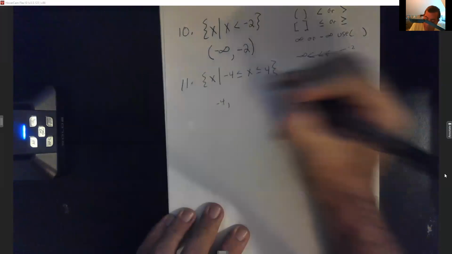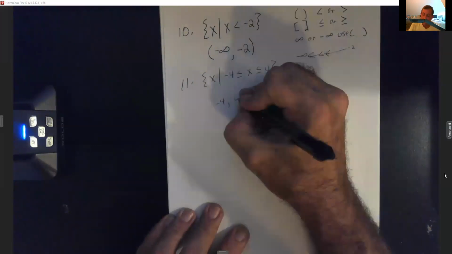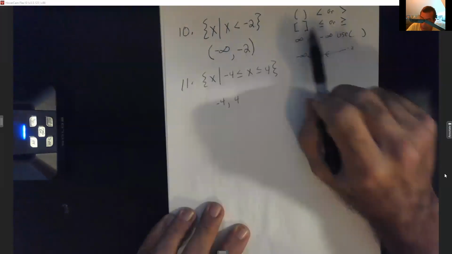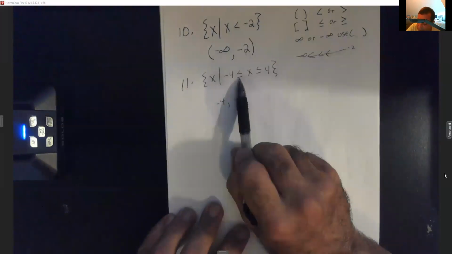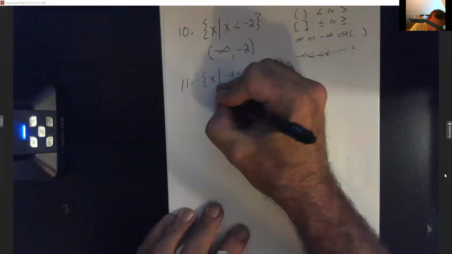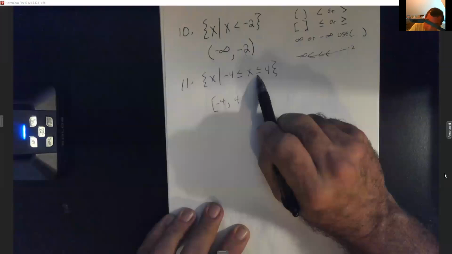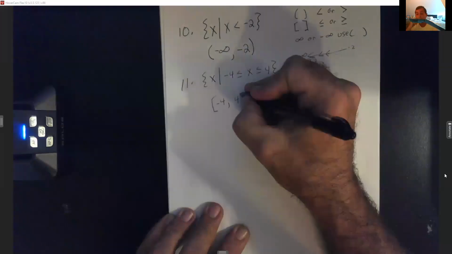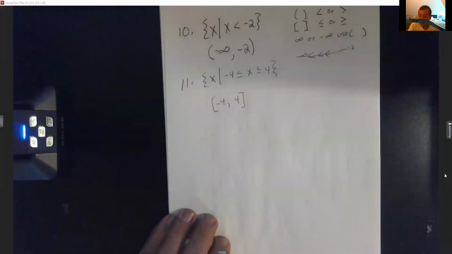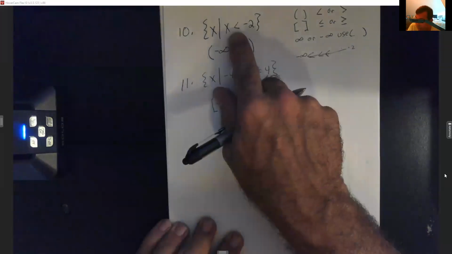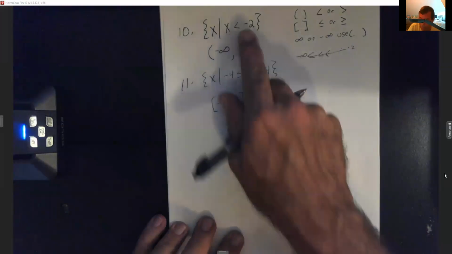The biggest number will be the positive 4. But I've got to figure out, do I want parentheses or brackets? Well, since the number to the left has equals, I put a bracket on it. Since the number to the right has the equals, I put a bracket on it. So they've got equals, we use brackets. They've got just the inequality without the equals, you use parentheses.